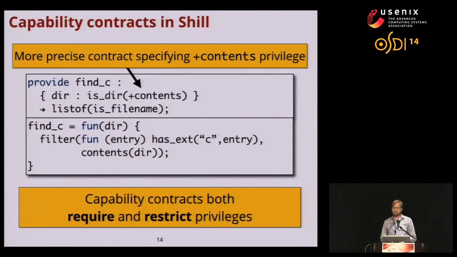So the person who wrote the function can rely on being given sufficient authority to complete their job, and also provide a specification to callers that they can use to decide whether or not they think this function is safe to invoke. But because this contract also restricts privileges, the caller is guaranteed that this function will only list the contents of the directory, and it can't, for example, create any new files or read from the files that were already there.